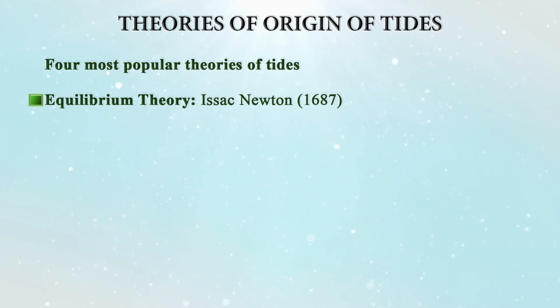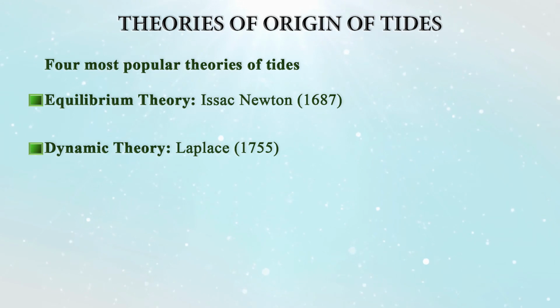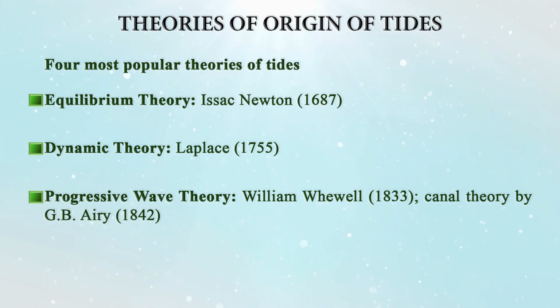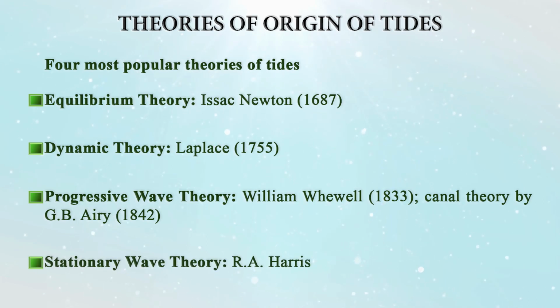Then came the dynamic theory of Laplace in 1755, and then the progressive wave theory of William Whewell in 1833. It is also similar to the canal theory given by G.B. Airy in 1842, and then comes the stationary wave theory given by R.A. Harris.